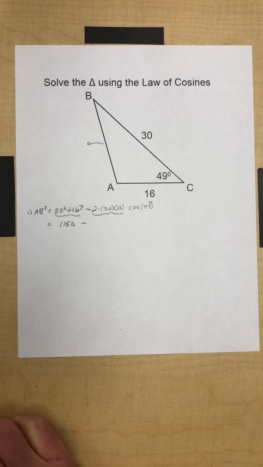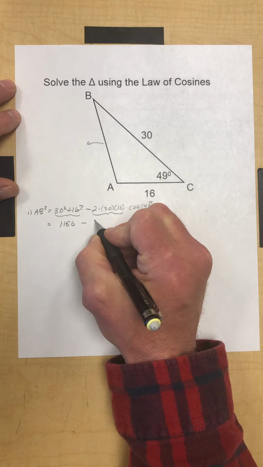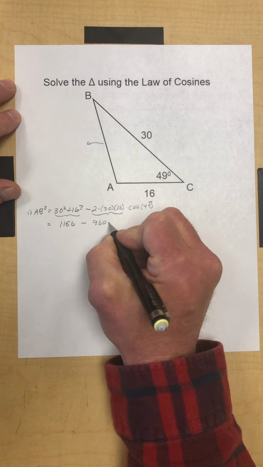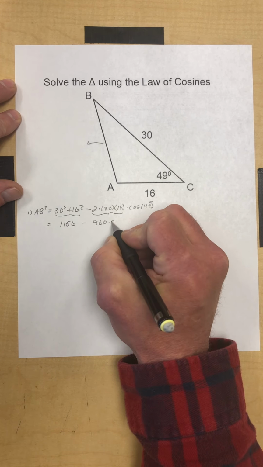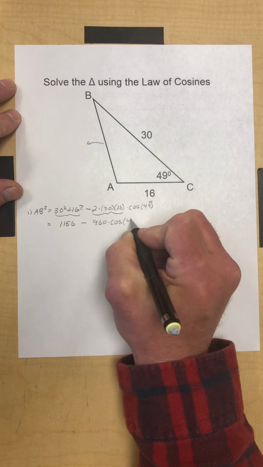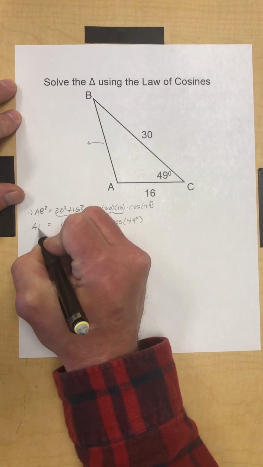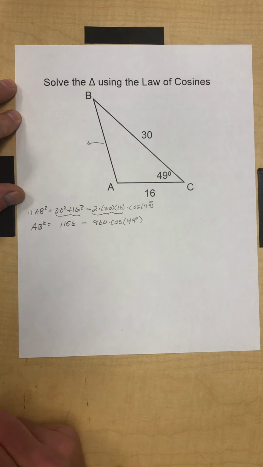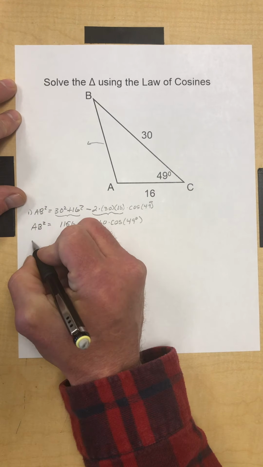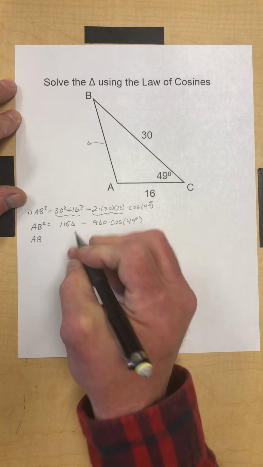So we go 2 times 30 times 16, and we get 960 times the cosine of 49. Now remember this is AB squared. I need AB, so let's just take the square root.